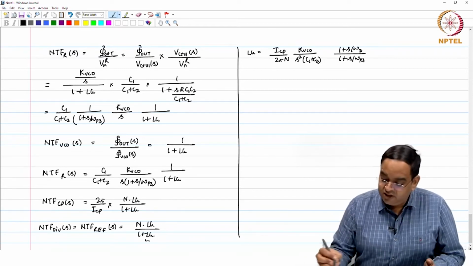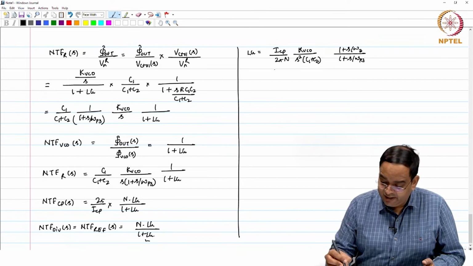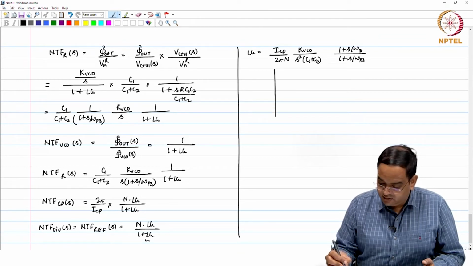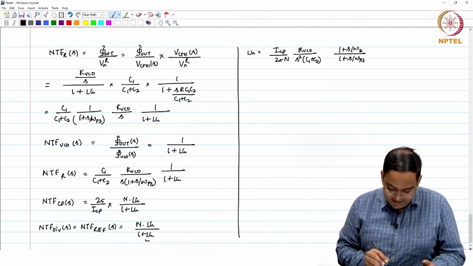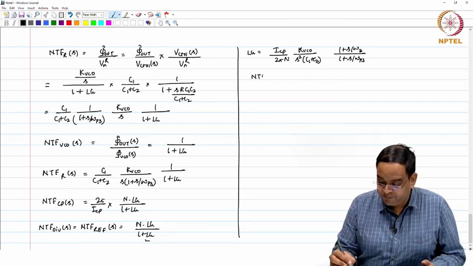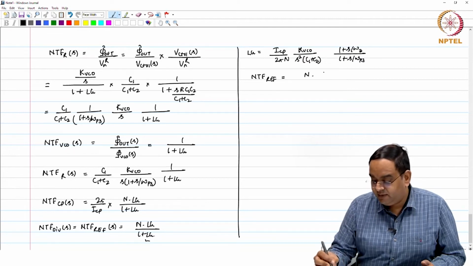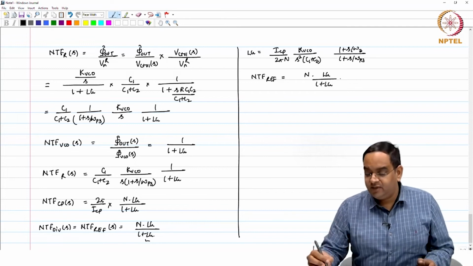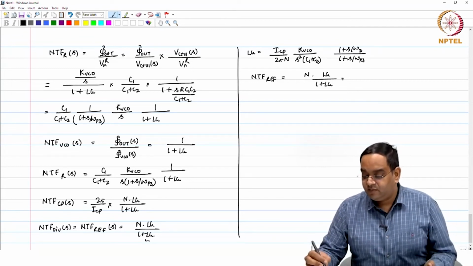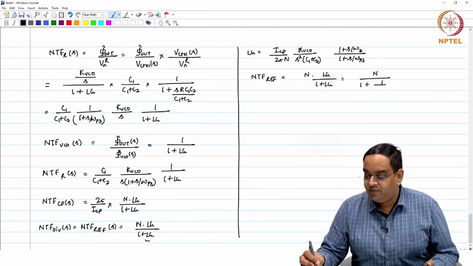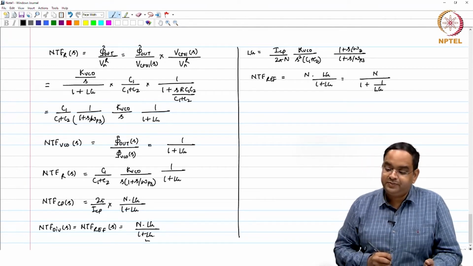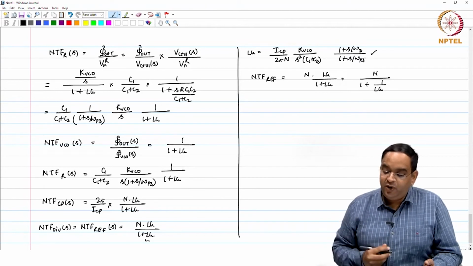Okay. So, for this, if we are looking at the loop gain transfer function, or let us say phi reference, NTF reference is n times loop gain by 1 plus loop gain. You can very well plot it and understand, but you should understand even by looking at the expression, it is n divided by 1 plus 1 by loop gain. Loop gain is given to you here.